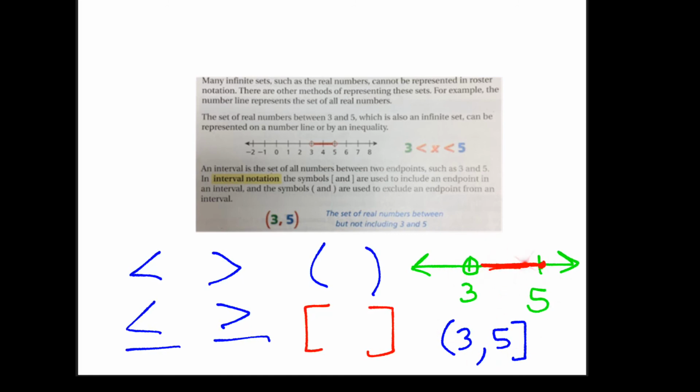It all depends on what we see here. The 3 is not included because it's an open circle, so we use a parenthesis. The 5 is included because it's a closed circle, so we use a bracket.